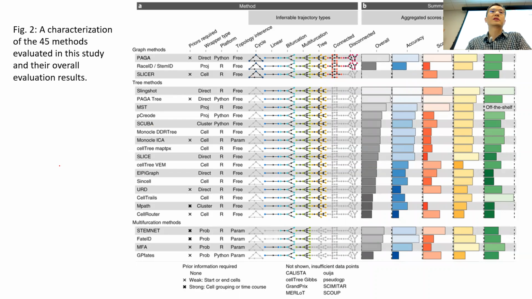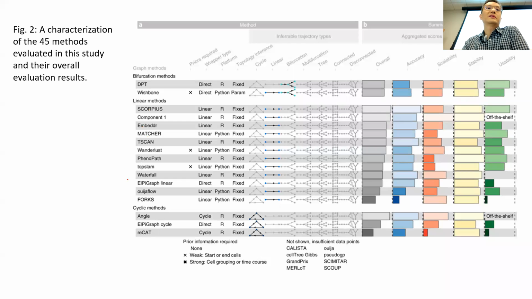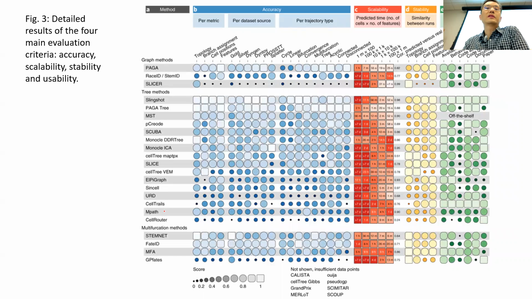What this paper does is group different algorithms based on their methodology: tree-based, graph-based, bifurcation, linear methods, circular, in different situations, and compare them using different parameters: accuracy, scalability, stability, usability. It gives a comprehensive survey of all the methods available at that time.